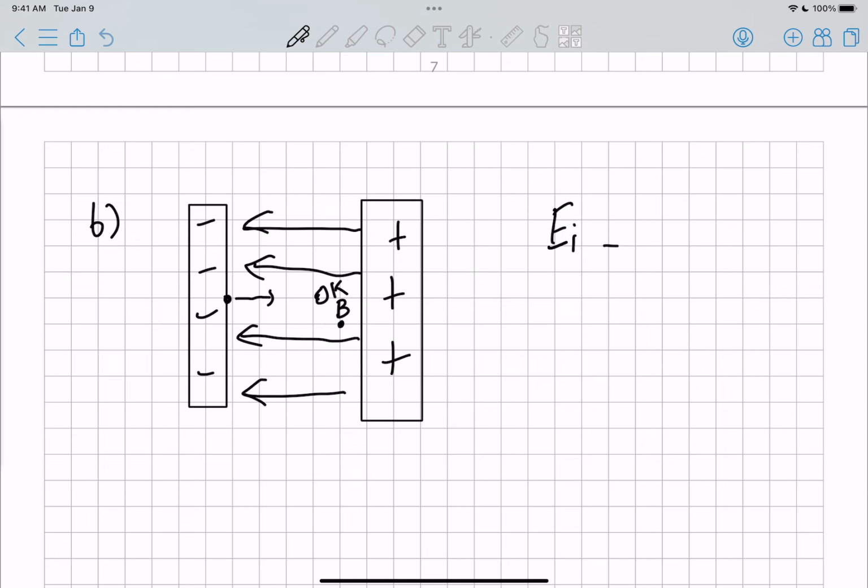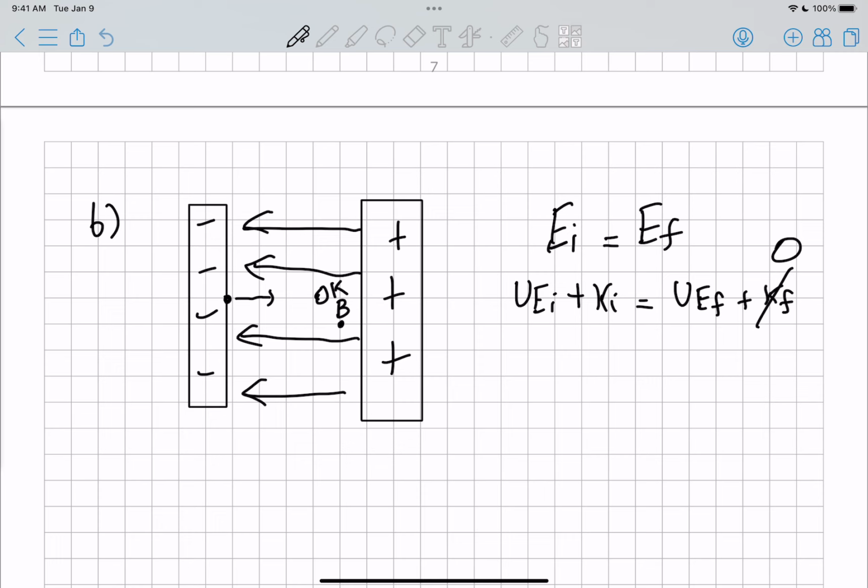Energy initial equals energy final, right? We had some initial electrical potential energy based on our position relative to the plates and some initial kinetic energy. We had some final electrical potential energy and some final kinetic, right? Well, the final kinetic, they already said it was 0 because when you end up at point B, kinetic energy is 0, right?